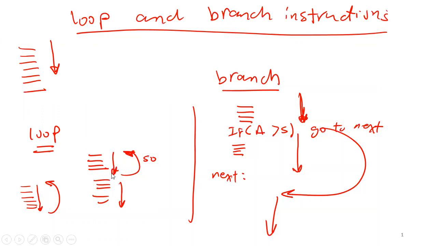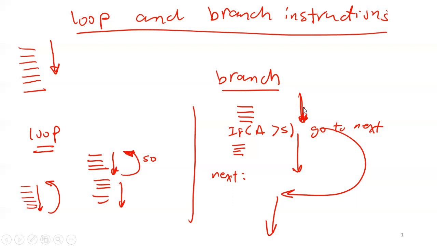Sometimes I have a piece of code that I want to execute, for example, 50 times, 40 times. So it's not always that I have to execute instruction by instruction this way. Sometimes I have to loop. For example, 50 times, whatever. So that's what we call looping. In this section, I'm gonna explain how can we loop.